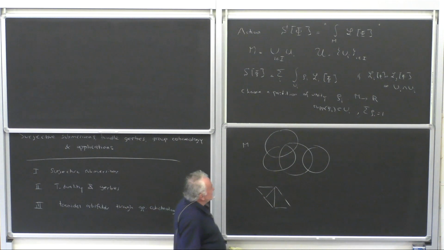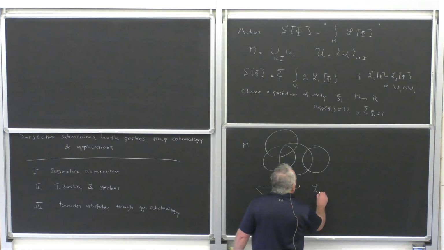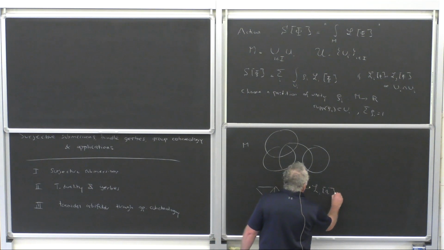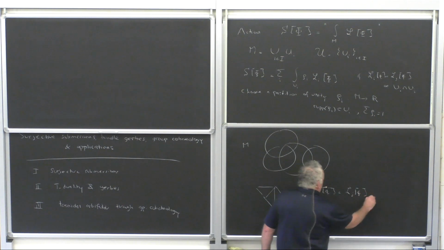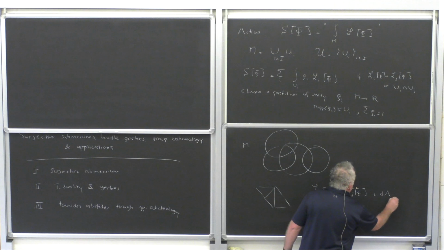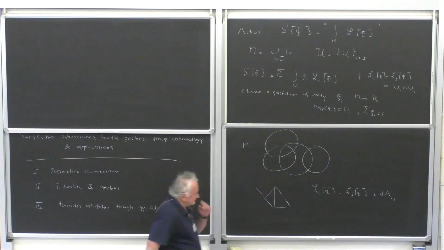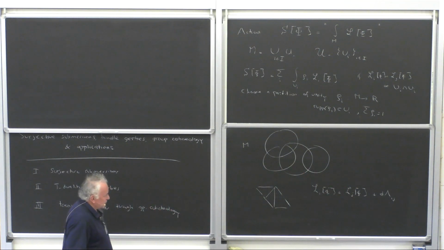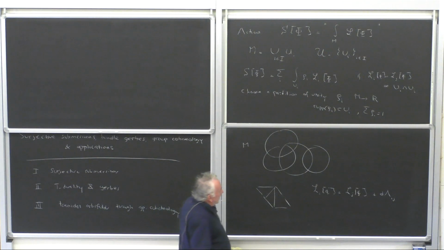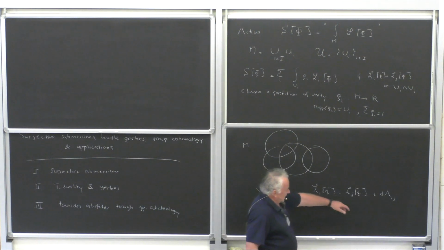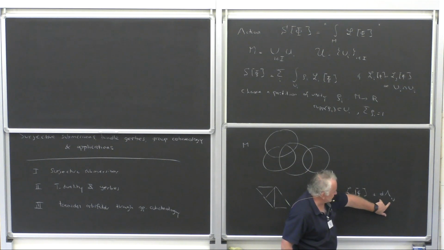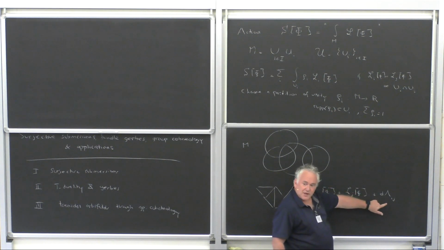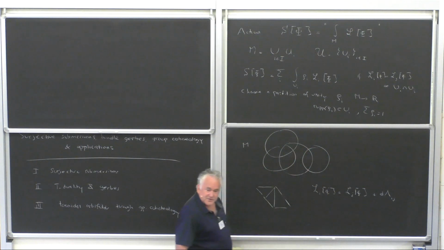Another generalization is that maybe L_i of phi is not equal to L_j of phi, but differs by something exact on overlaps. That's a situation which occurs frequently as well. In that case, you would have to compensate that particular action by these terms, and these can then be written in terms of boundary terms on the overlaps, etc.